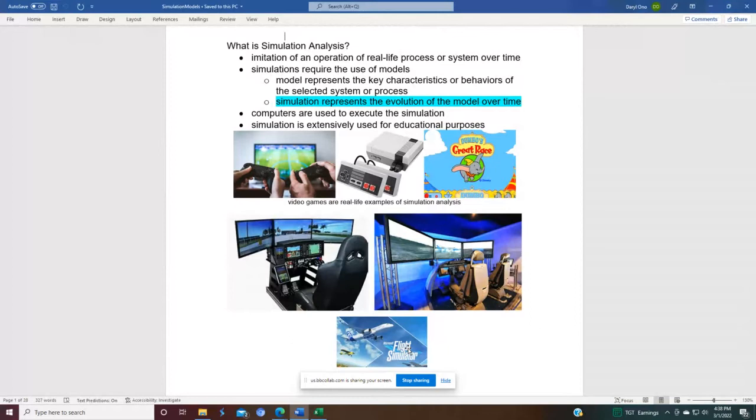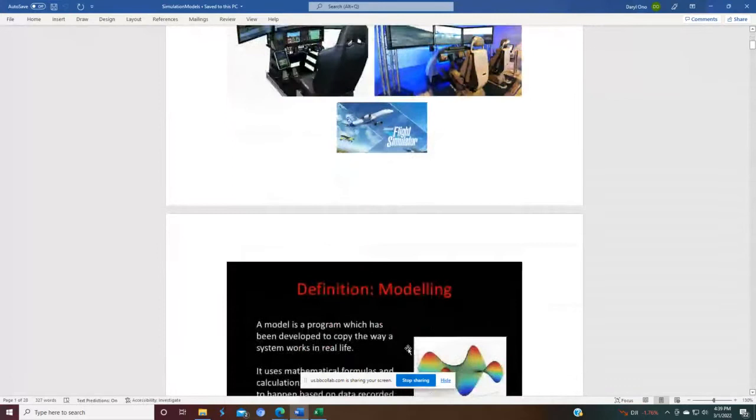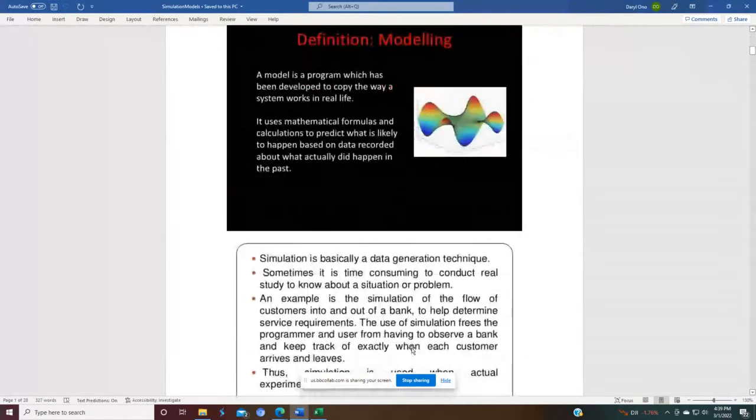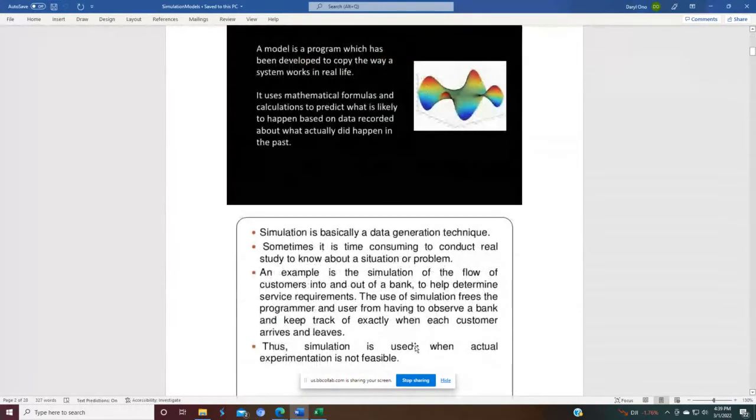In real life nowadays, computers do the simulations, and many of them do an excellent job. And simulation is also done a lot for educational purposes. Okay, so when we talk about a model, what does that mean?